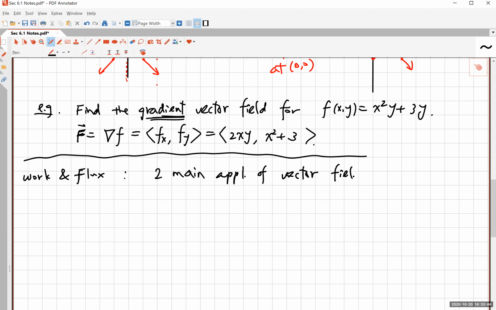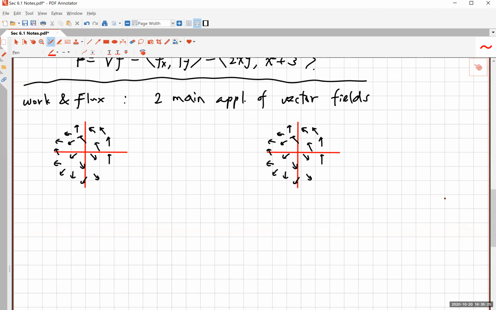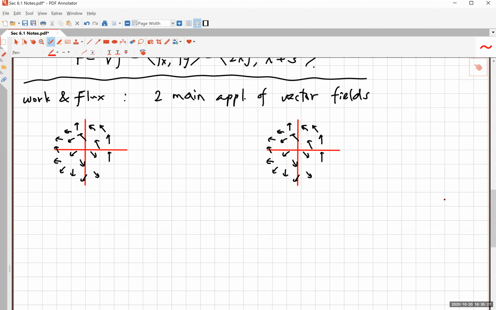All right, so let me give you vector fields. I'm going to draw a vector field or 2, and then I will talk about these 2 ideas just very quickly. All right, so imagine you have this vector field, which let's suppose these black arrows indicate the wind, or let's say current, okay? So you're looking at a part of the ocean, and this represents a current of the ocean water, okay?